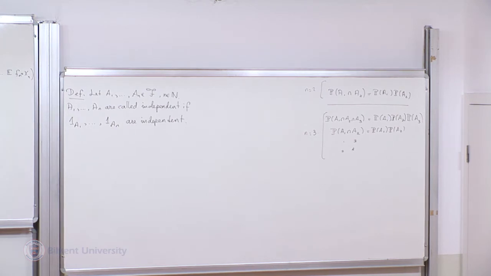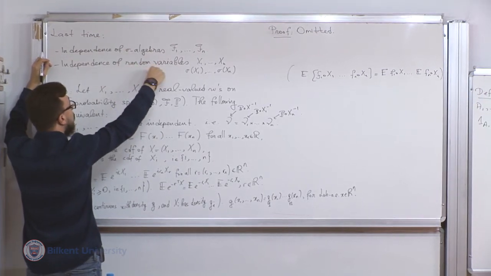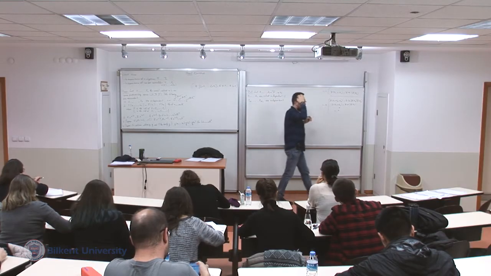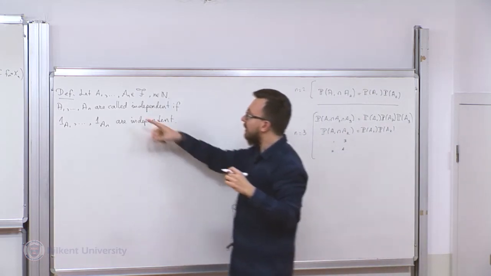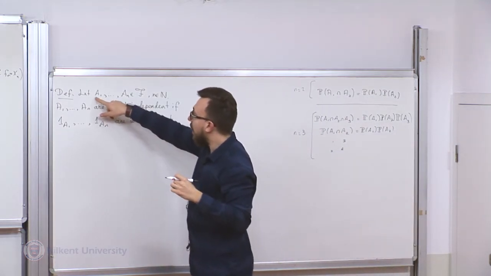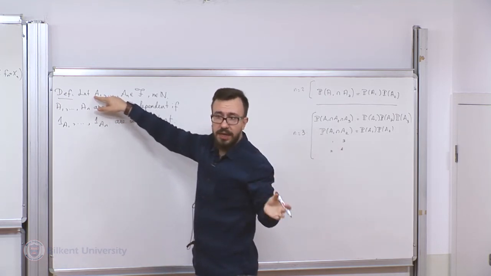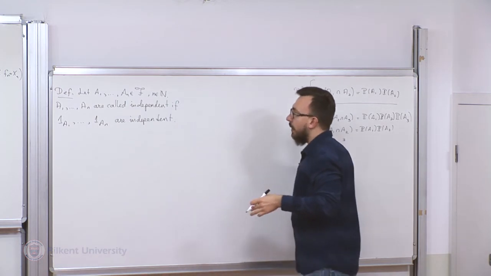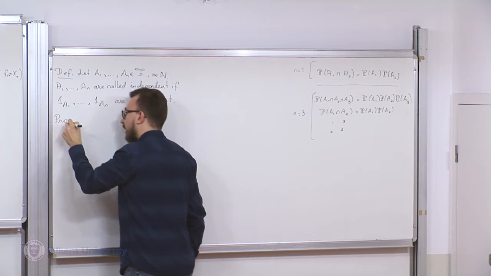Then we define independence of random variables. Now we define independence of events by using the independence of random variables. Well, you could have also defined this using the sigma algebras generated by A1, which is the full set, empty set, A1 and A1 complement.